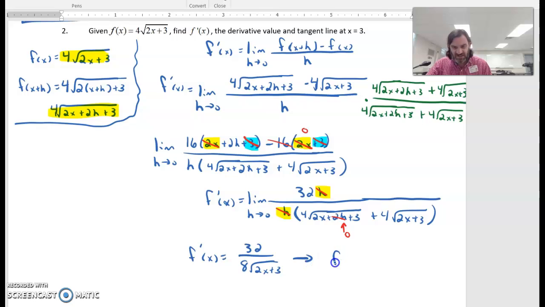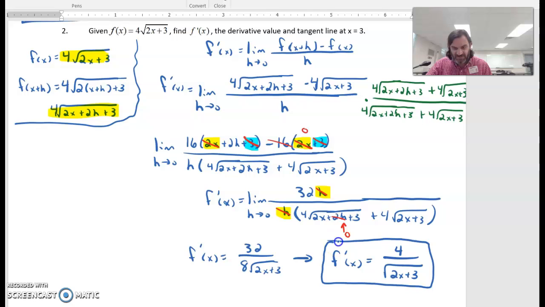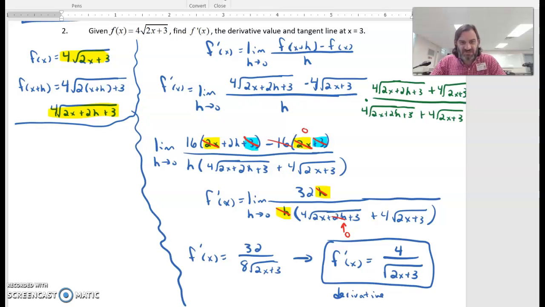So in the end, our derivative, if we don't rationalize, looks like 4 over the square root of 2x plus 3. There are a lot of places in there you can make a mistake, but this is the derivative. So follow that. Sorry, it's kind of junky, but I didn't realize until recently I couldn't write on the side.